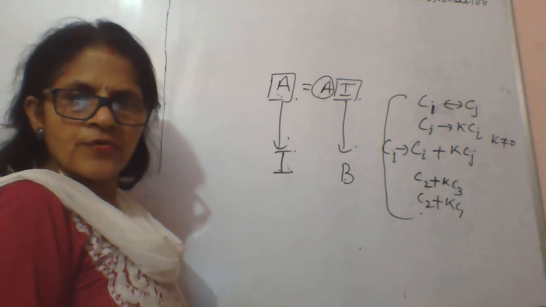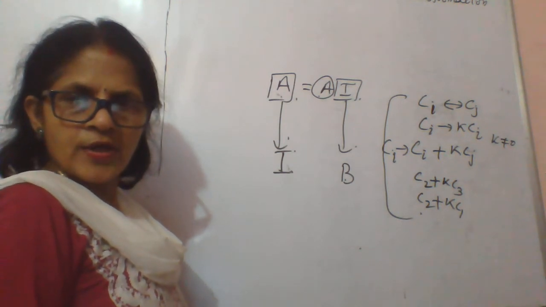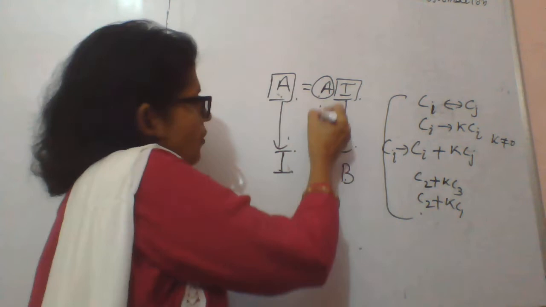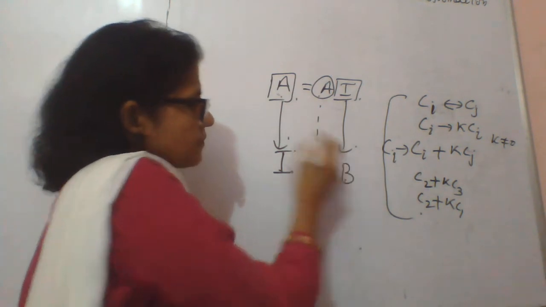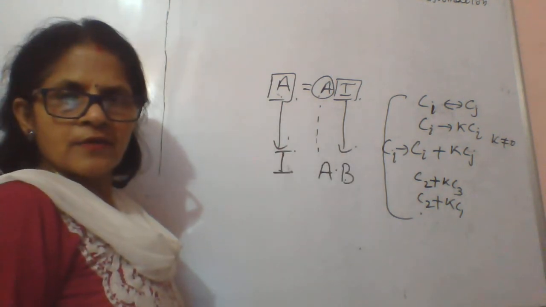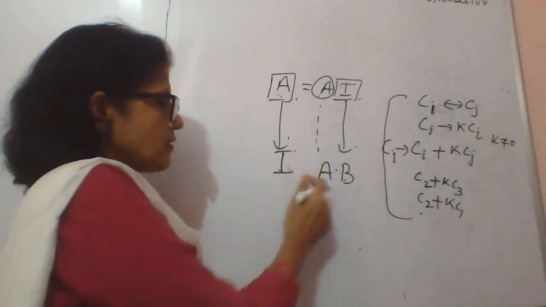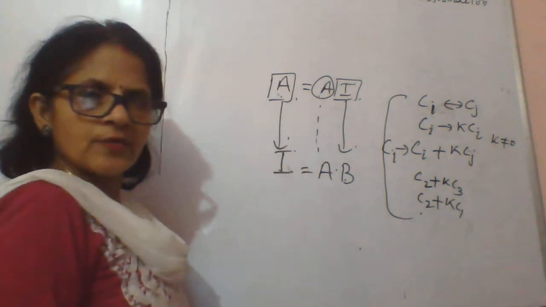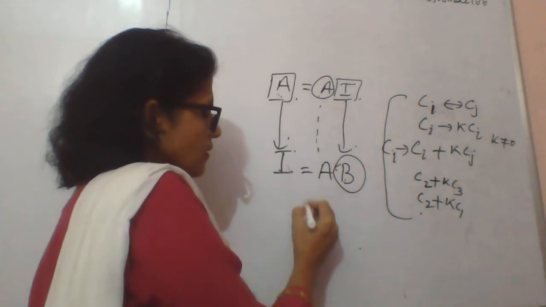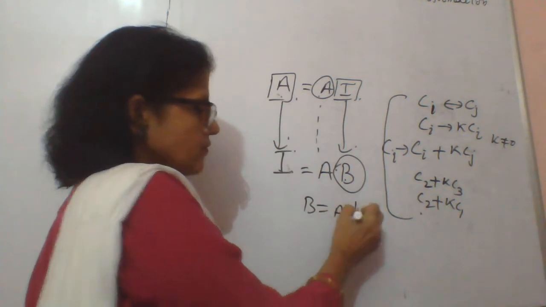It means we do not apply any change on A. So in the last step, the matrix expression will look like this: I equal to A into B. So this B is your A inverse.